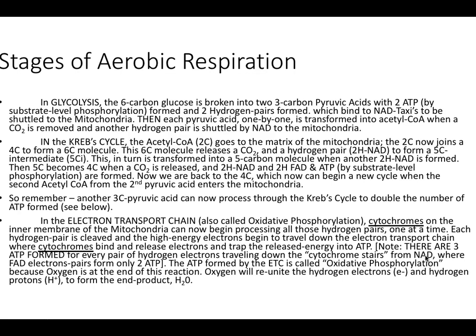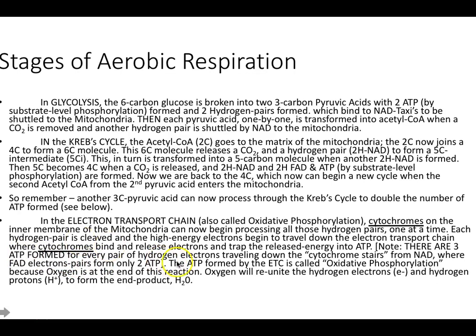Each time they toss the electrons, they release a little energy, trap it in ATP. So going down from cytochrome 1 to 2 to 3, you make 3 ATP. The only exception is FAD. It's going to be a taxi that will only create 2 ATP for the hydrogen that it drops off.